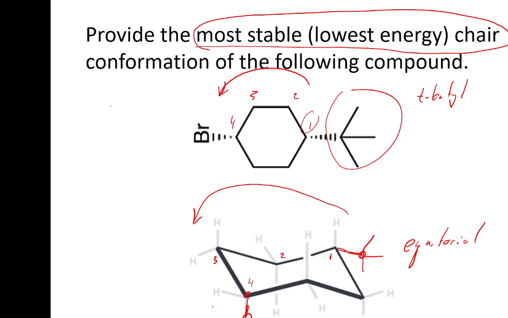And this hydrogen right here is above the plane. So in order to translate that planar structure, especially the most stable, I'm going to initially focus on the tert-butyl, make sure it's equatorial, and now I'm going to put in the bromo group. Because both have to be below the plane of the ring, the bromo group, in this case, will be axial.